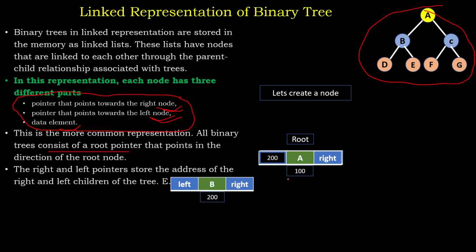Similarly on the right side we have C, which has pointer 300, and this connects to the right side of the root.